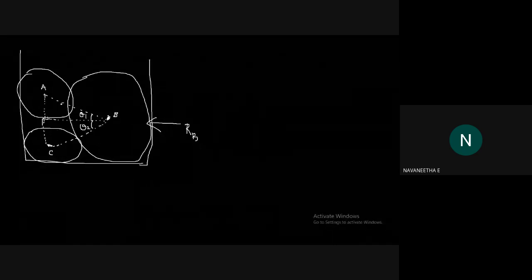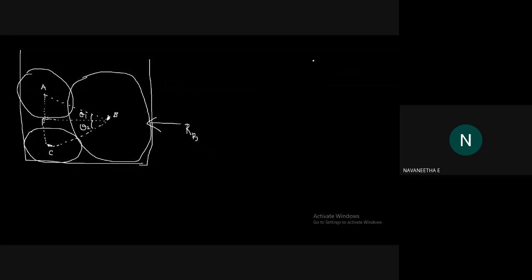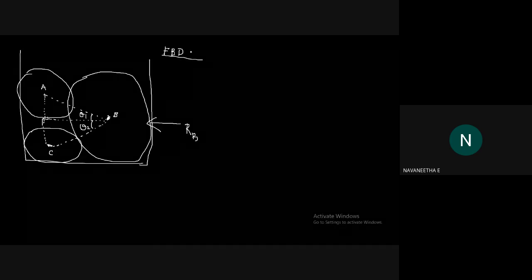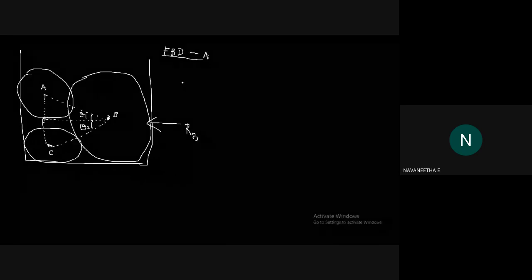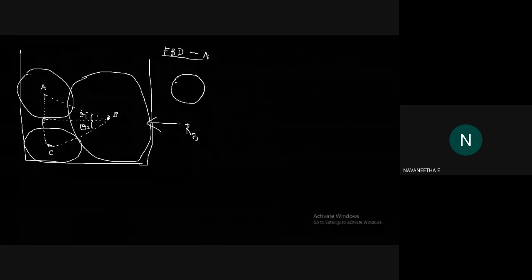Before that, I am considering the FBD of A. So what are the forces acting on A? What are the forces you will need to consider while drawing the FBD of A?